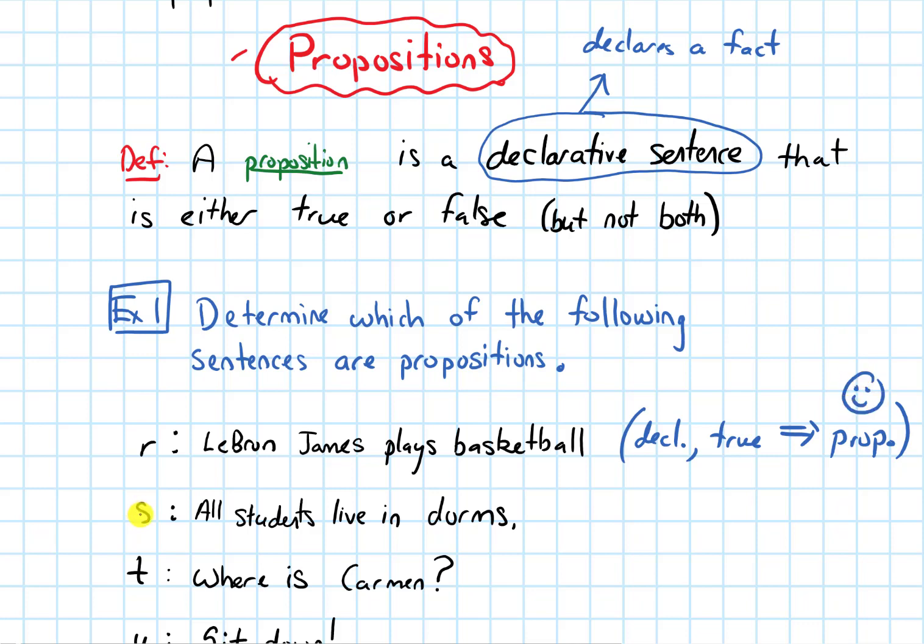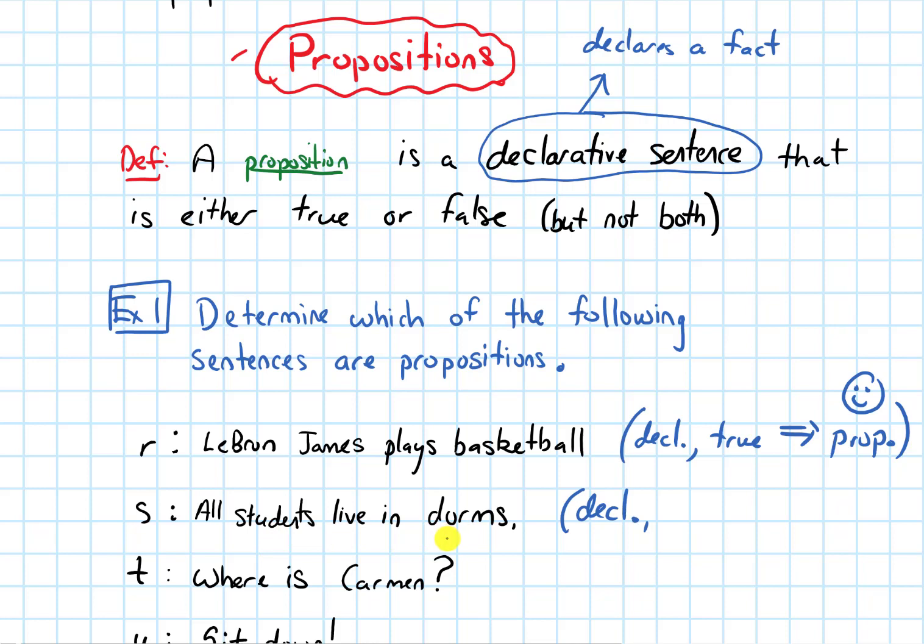Let's move on to sentence S, which says all students live in dorms. Even without knowing whether this is true or false, this is declaring something that has an underlying truth value, so it is declarative. This sentence happens to be false. Not all students live in the dorms.